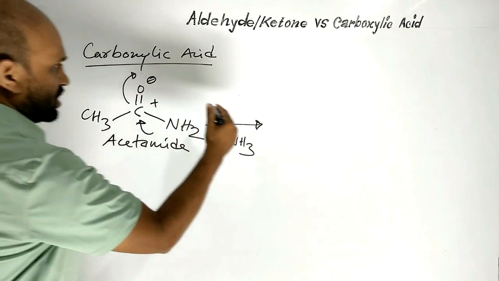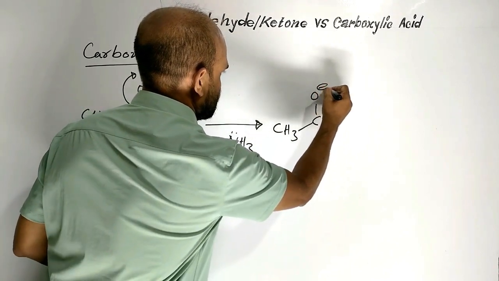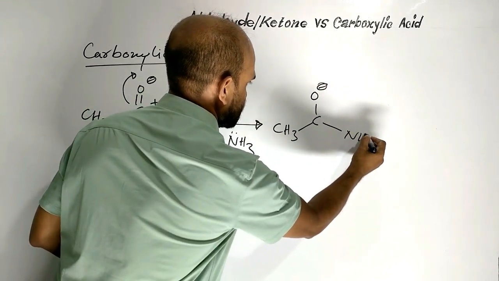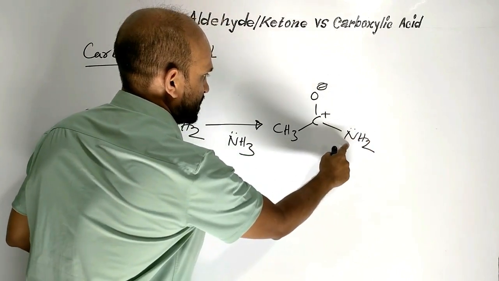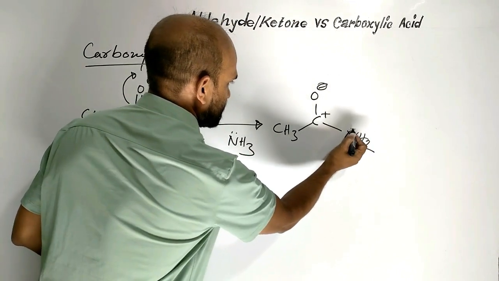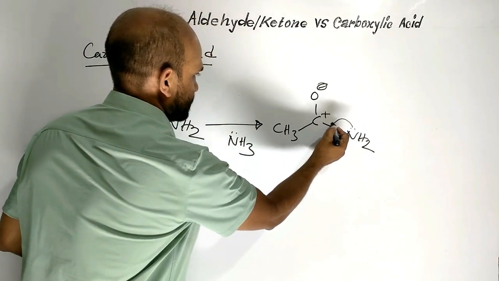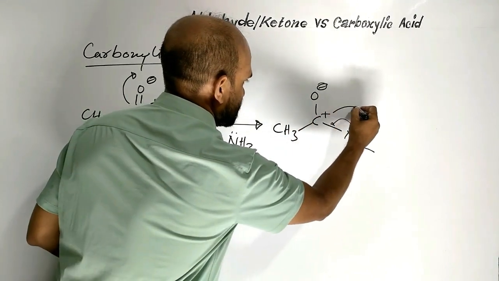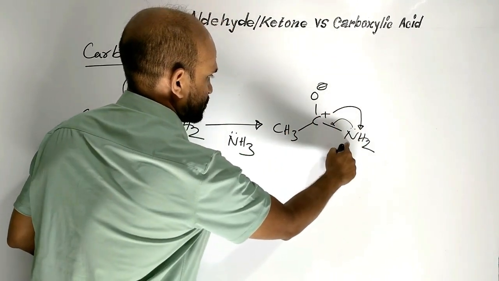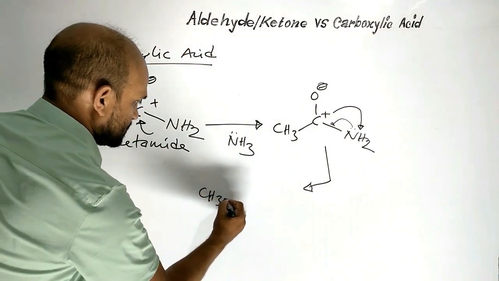But after getting polarization, the lone pair of electrons of nitrogen turns into a bond pair. At the time, the positive charge of carbon shifts to the nitrogen to form this entity.